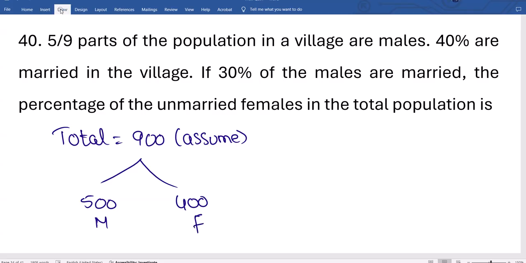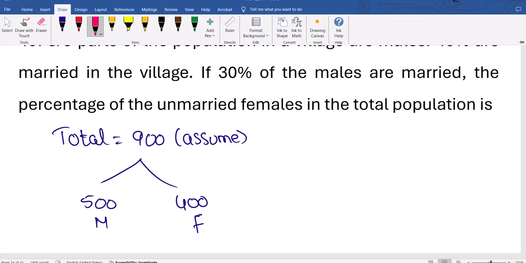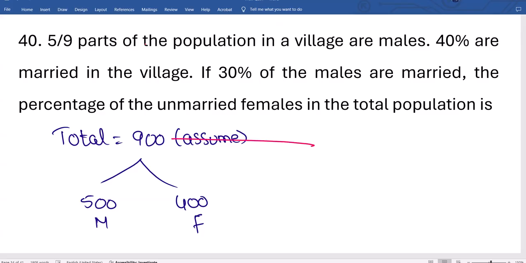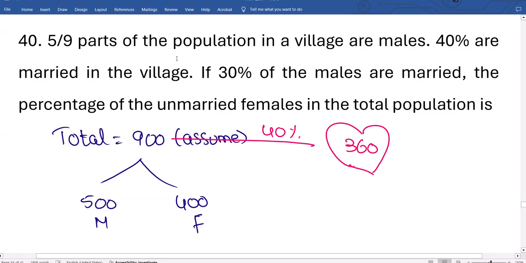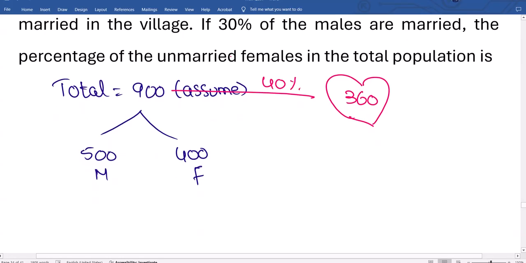Now, married. How many are married in the village? 40% means 360 are married. We'll put this symbol for married. So, 360 are married. Now, 30% of the males are married. So, among these, 150 gone.